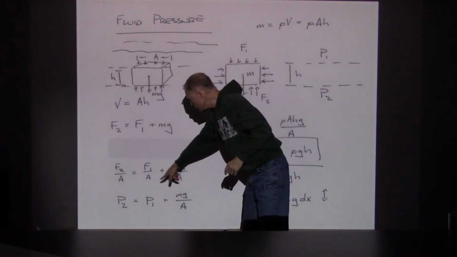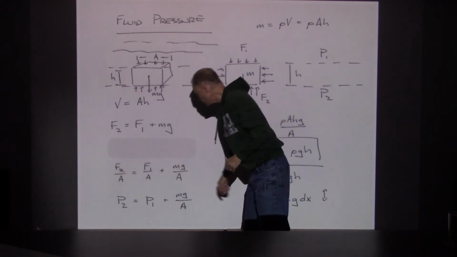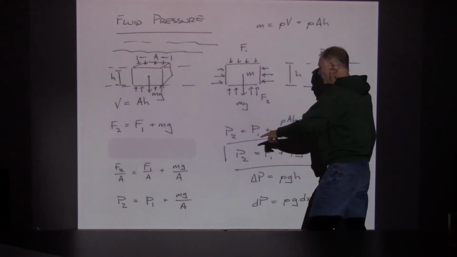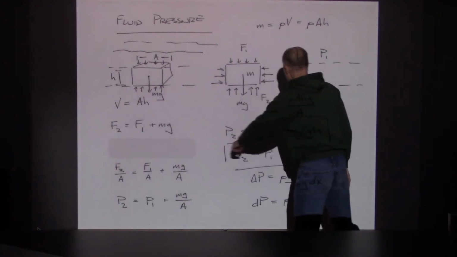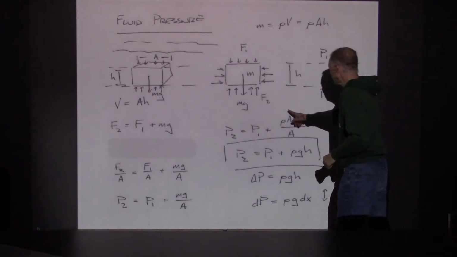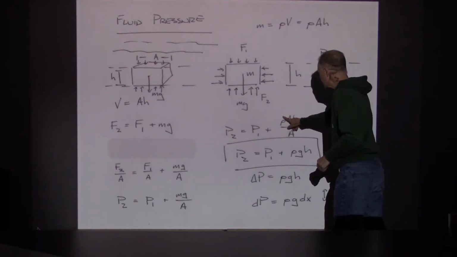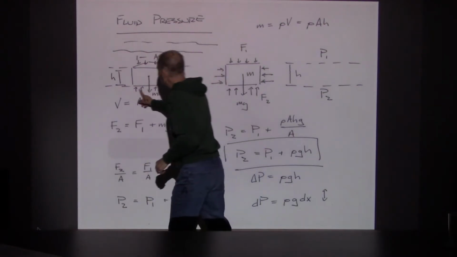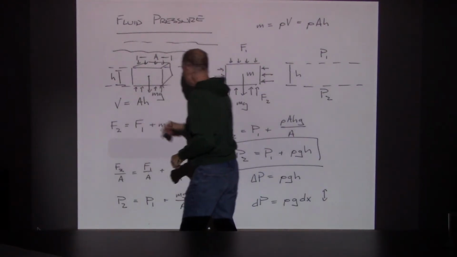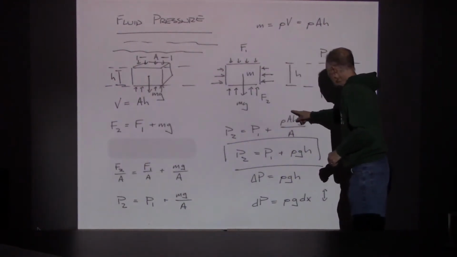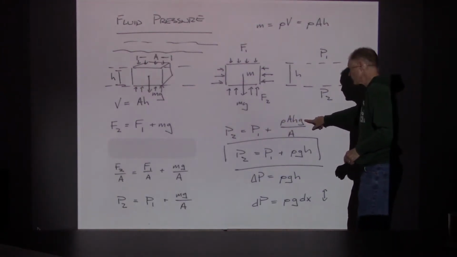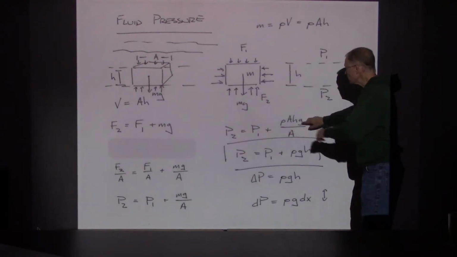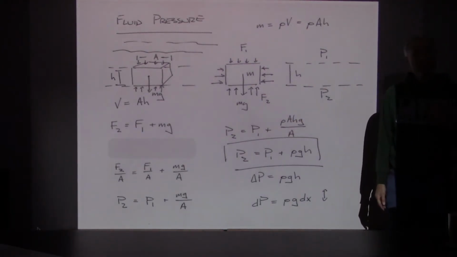All right, so once we divide it through by area, and then we have mg over area. We got pressure 2 is equal to pressure 1 plus mg over area. Then what we're going to do is that step where we take the mass and we replace it with density times volume. So this is our volume right here, A times H. And so now I've got an AH times the density times the gravitational field, because it's mg, and then the A's cancel out.